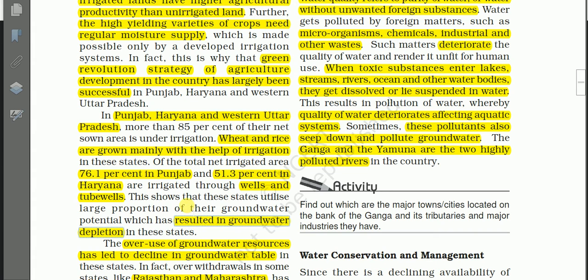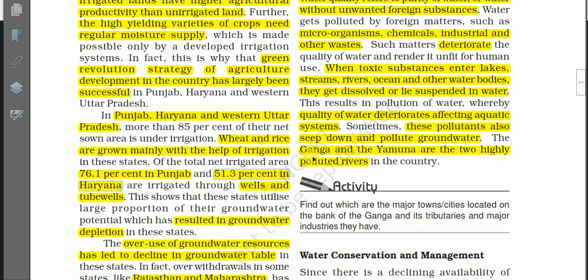So from this paragraph we have learned that 76.1% of the net irrigated area is irrigated through wells and tube wells in Punjab. Likewise in Haryana, 51.3% of the irrigated land is irrigated by wells and tube wells. That means groundwater utilization is the highest in the northwestern part of India.